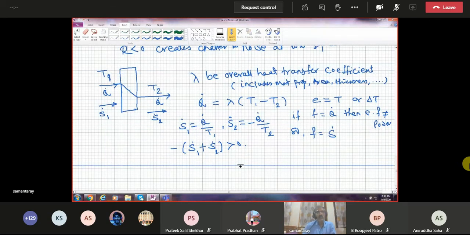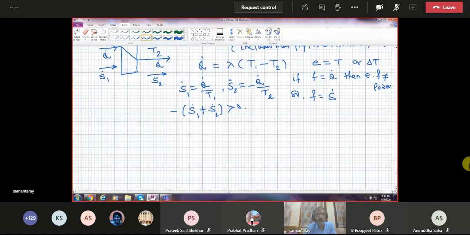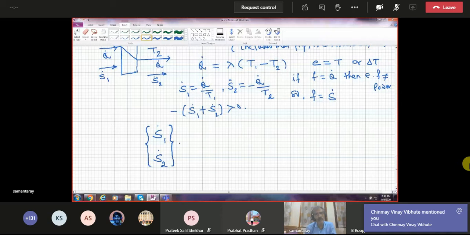So I will write that in a matrix form. So what we have is S1 dot, S2 dot, as a matrix, where lambda is a constant parameter.